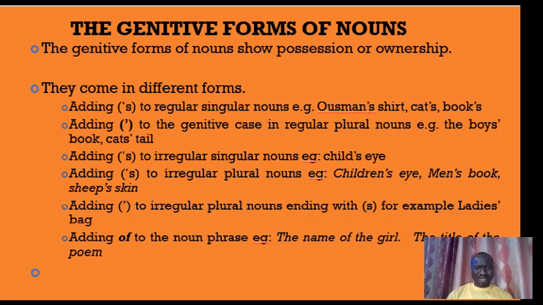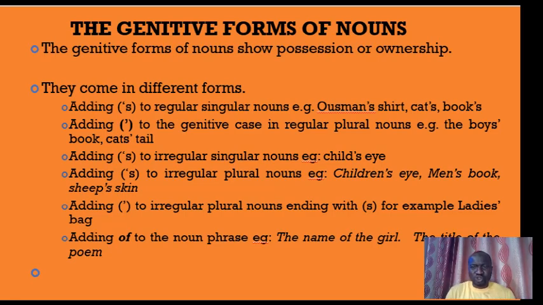One, adding apostrophe s to regular singular nouns. Just now, I have taught you what regular nouns are and the irregular nouns. So when you add apostrophe plus s to nouns, it shows possession of such person or thing.